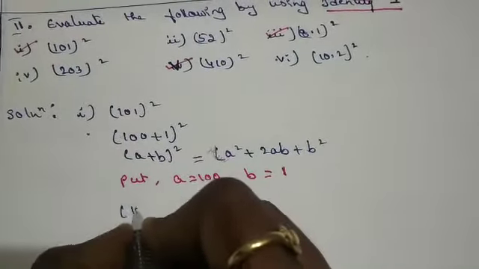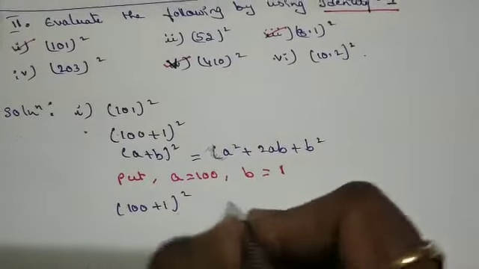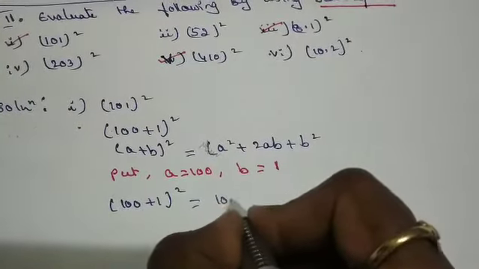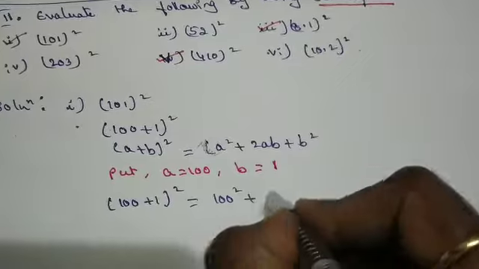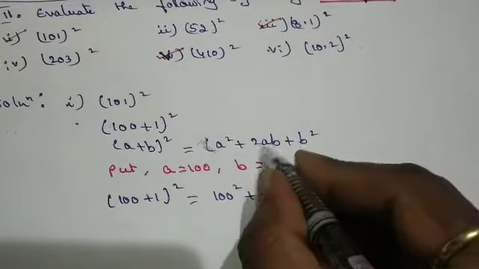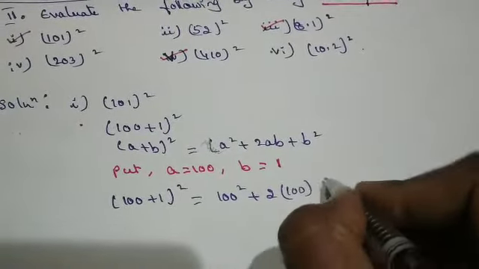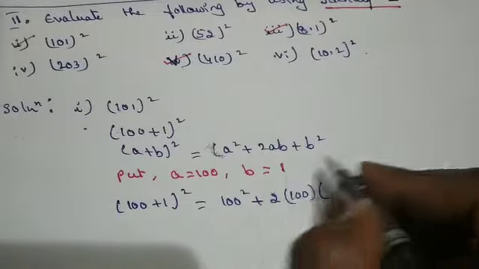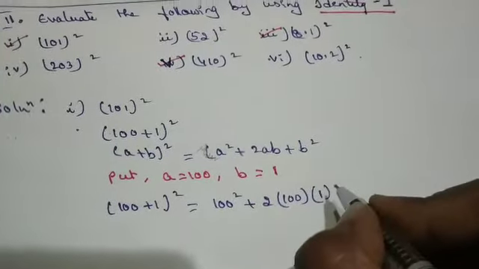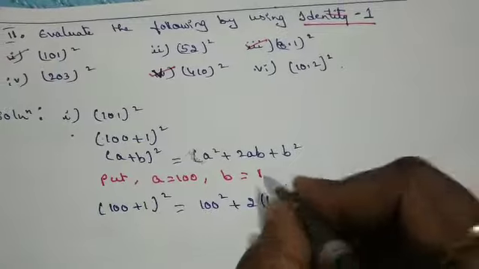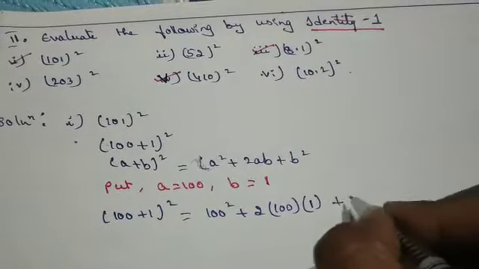Substitute in the identity now. That is (100 plus 1) whole square is nothing but 100 square plus 2 into a, which is 100, into b, which is 1. As I told you, whenever you are substituting the variable value, you need to put it within a bracket.